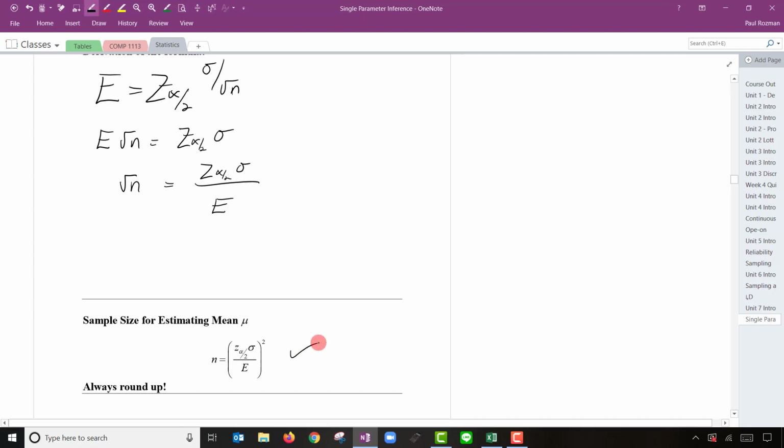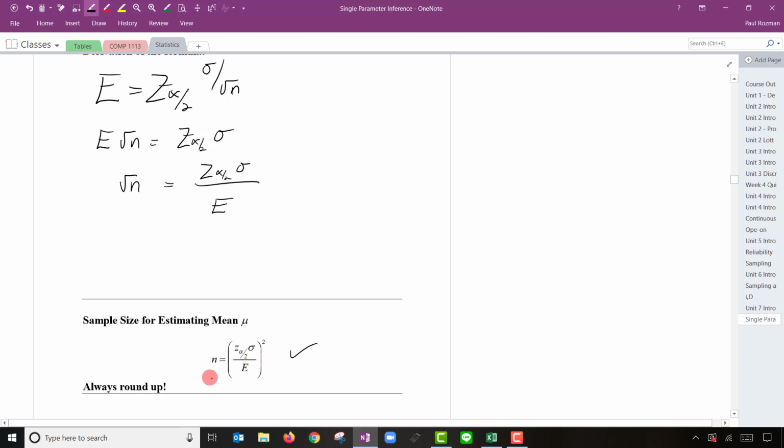Now we have a formula that will generate the sample size that we need to achieve an estimate that's within some amount of error that we can preset. And we can also preset how confident we want to be. When we do these calculations, we want to always round them up to be conservative, err on the high side.